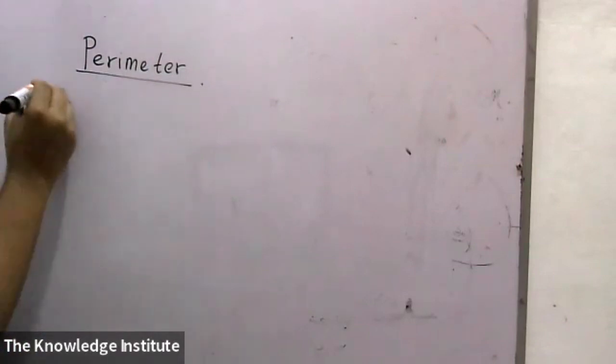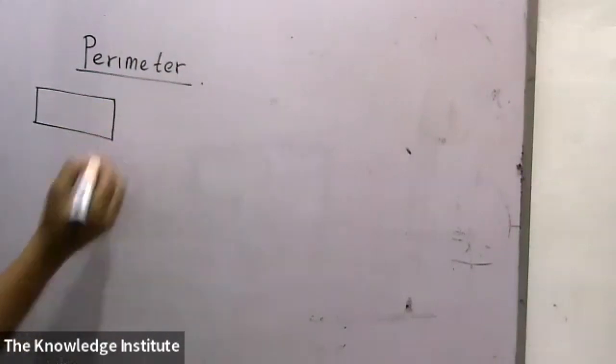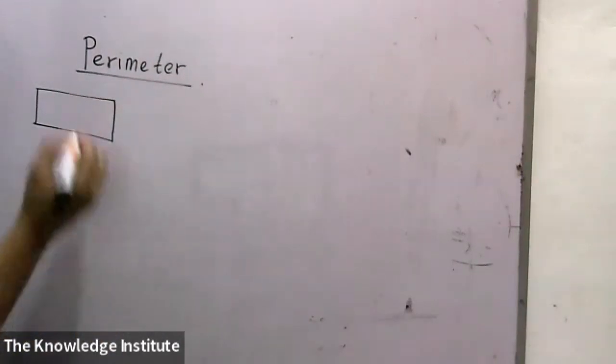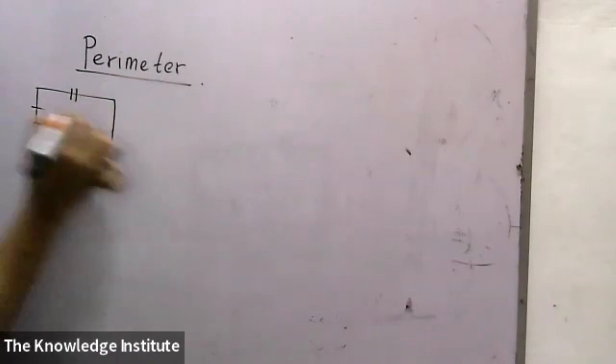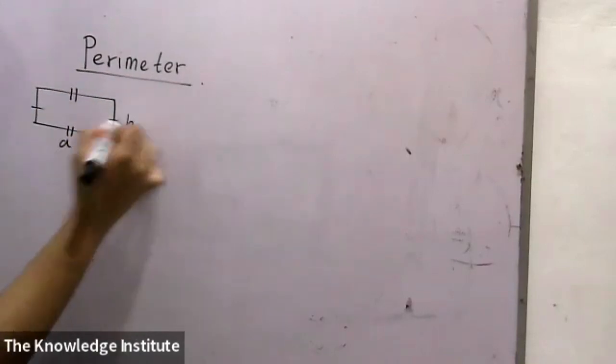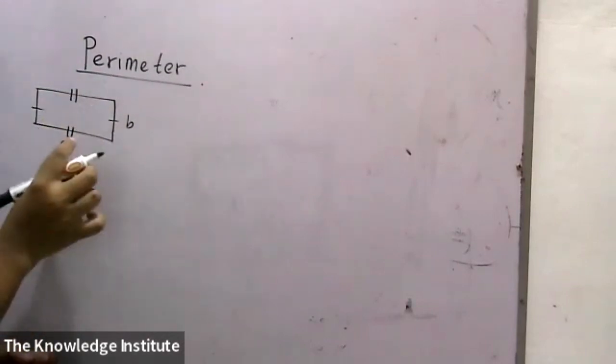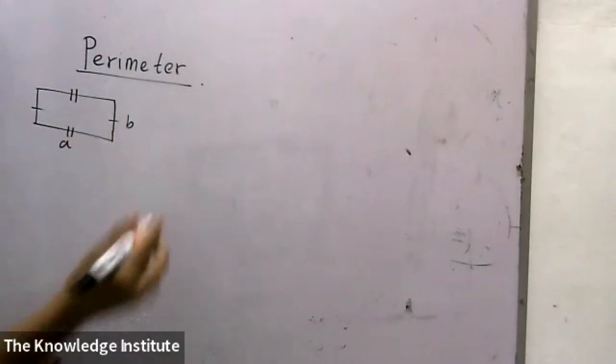So let's start from basic shapes. Rectangle. In a rectangle, opposite sides are equal. Let's take the length and the breadth as A and B. So how do you add it? You have the length twice and the breadth twice.